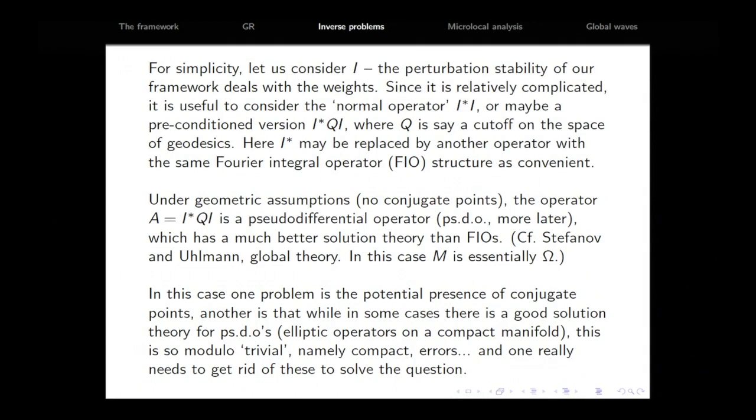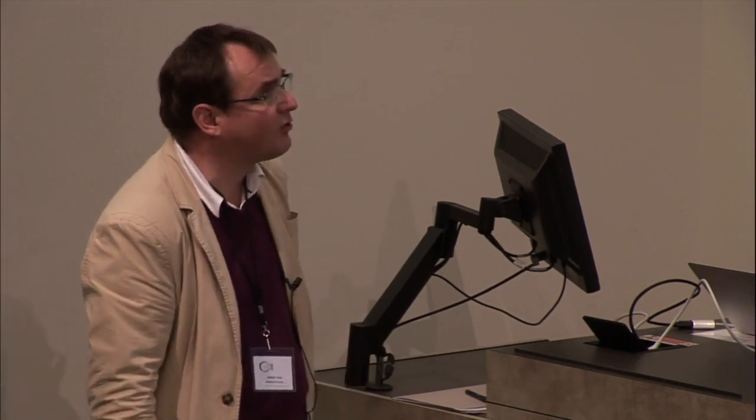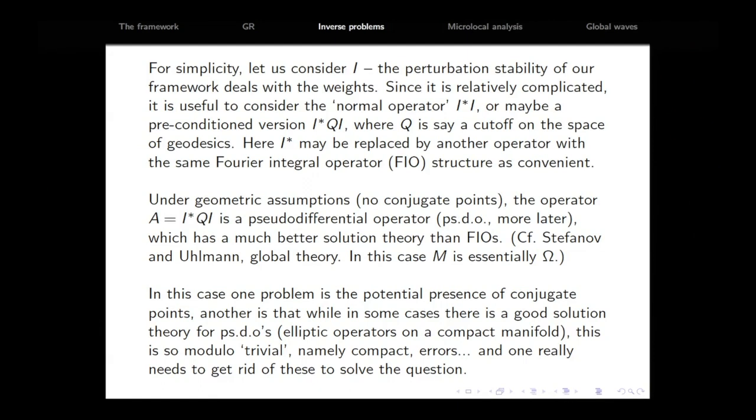All right, so this I is going from an underlying space, say the domain, to a different space, namely the space of geodesics or points in phase space. And so that's an example of a non-square operator in various senses. It's usually much easier in inverse problems to work with the normal operator, I star I, or maybe a preconditioned version, I star QI, where Q is some sort of cutoff on the space of geodesics, say.